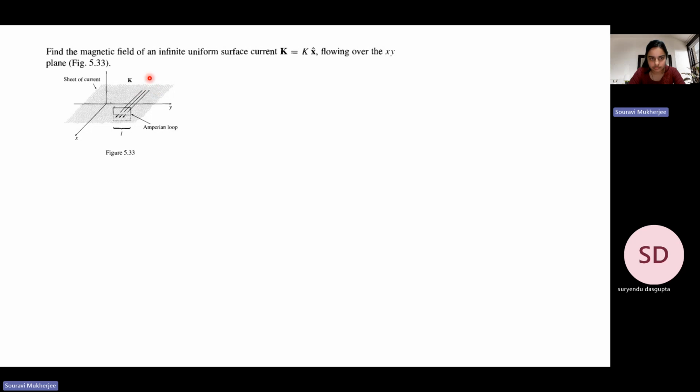The direction of the current is given by this arrow. There's a steady current flowing through the sheet, and you have to find the magnetic field. What is the field below? What is the field above? You have to find those expressions. So what is the first thing that has to be done to answer this question?